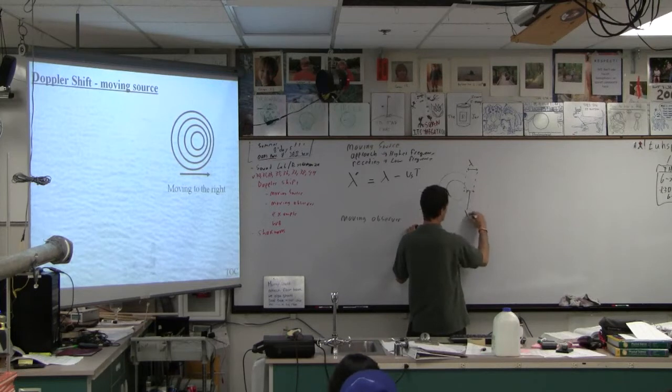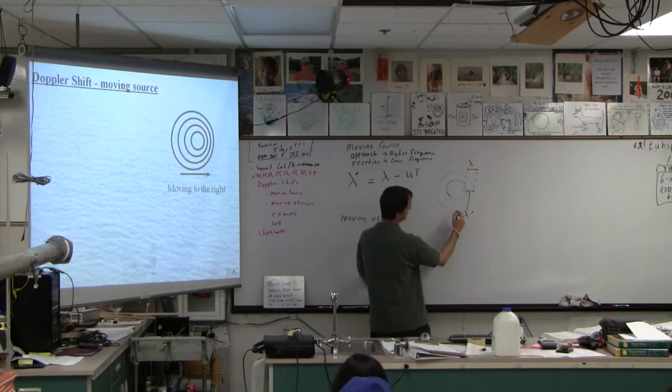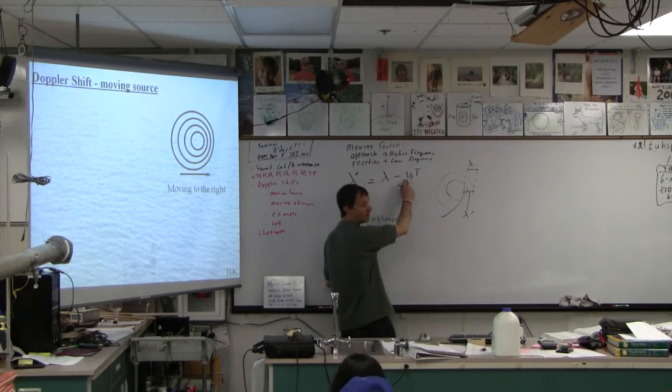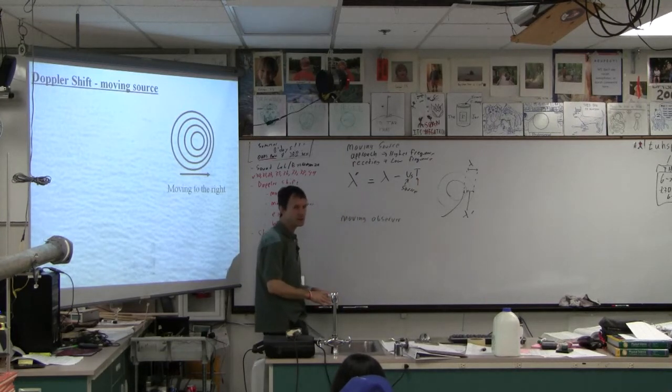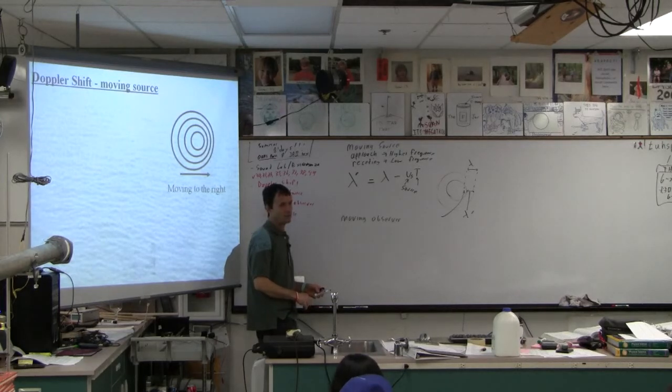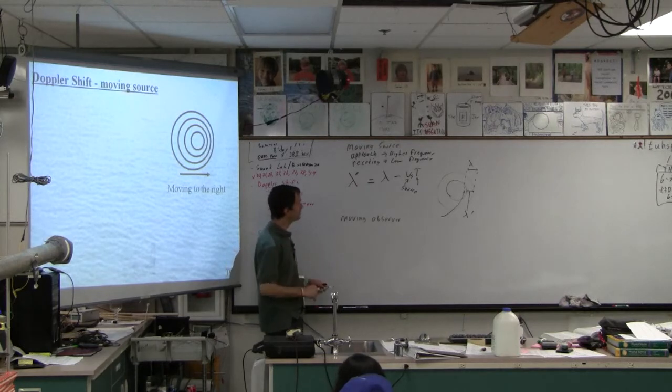This is our shifted wavelength. The amount it's been shortened is the speed of the source times the time in between the waves. Does that make sense? We've just shortened it because during the time between one wave and the next, the source has moved some distance.